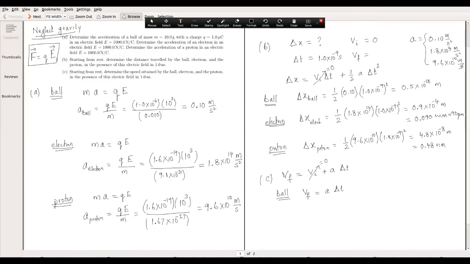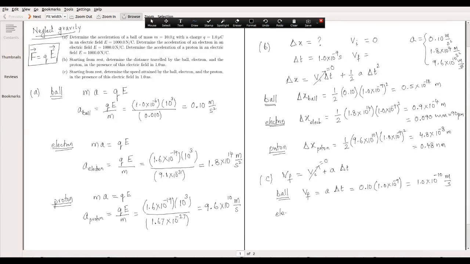No squared quantity comes in, so this time it will be different. It's 0.10 times 1.0 into 10 raised to minus 9, so that's 1.0 into 10 raised to minus 10 meters per second. A speed of 10 raised to minus 10 for an object like a ball is hardly observable.